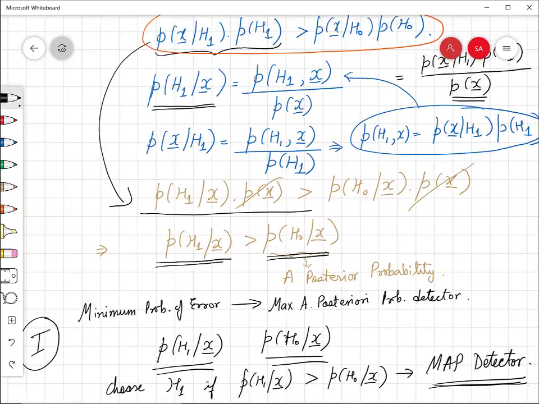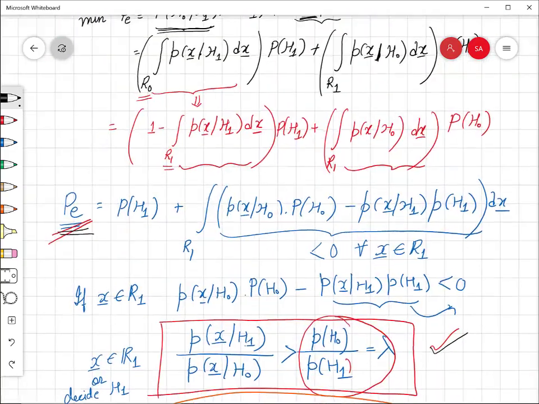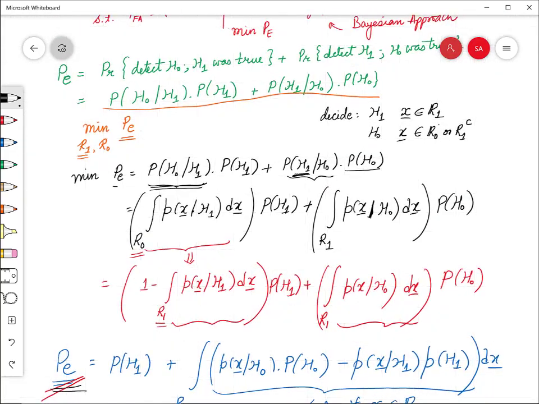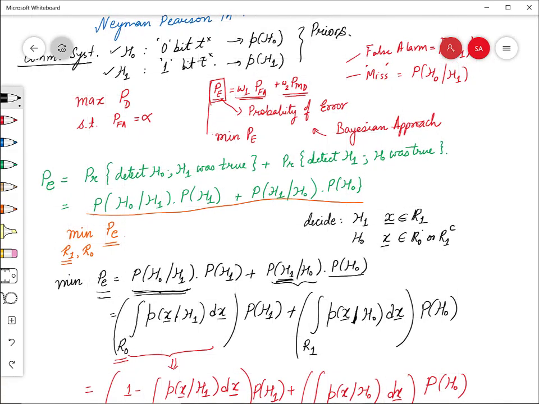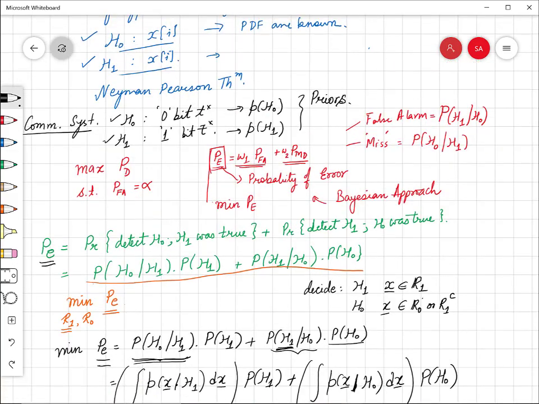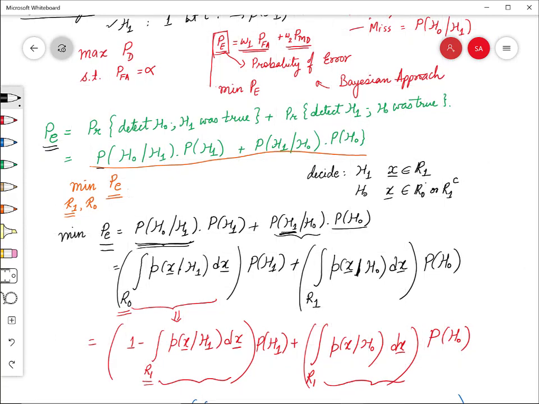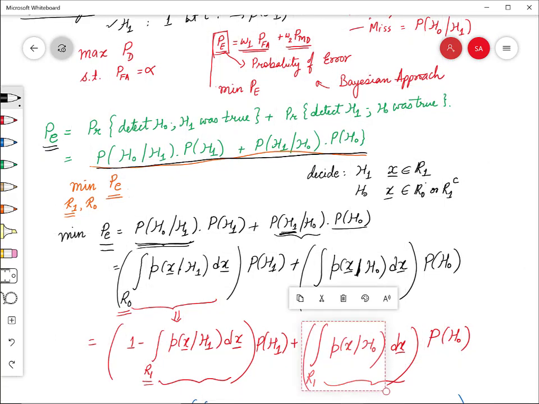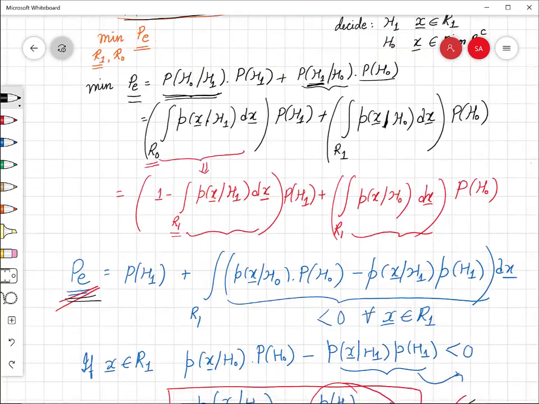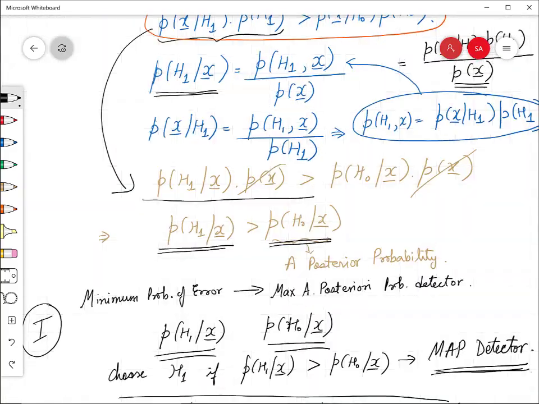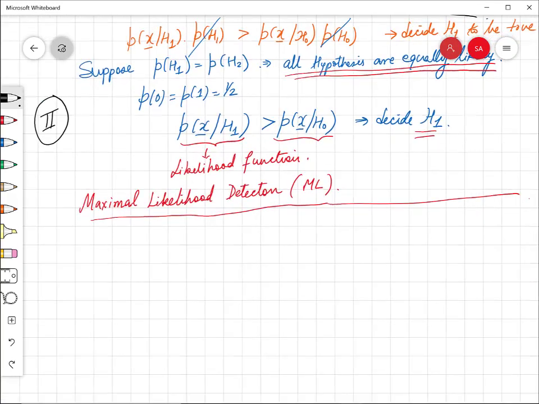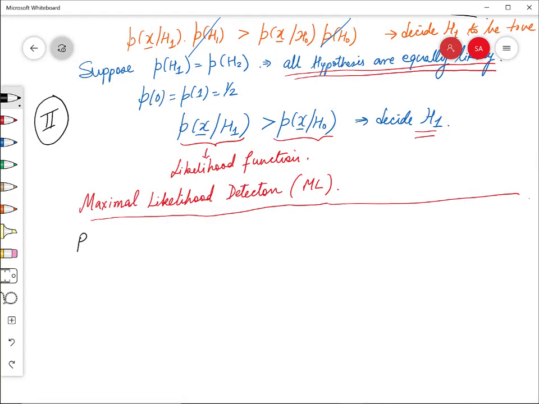All right, and this one we defined as the probability of error here. Now what we can do is, rather than defining probability of error in this fashion, I can take a very general case. Suppose my probability of error, so this is the third thing which I'm going to discuss, is the Bayes risk.